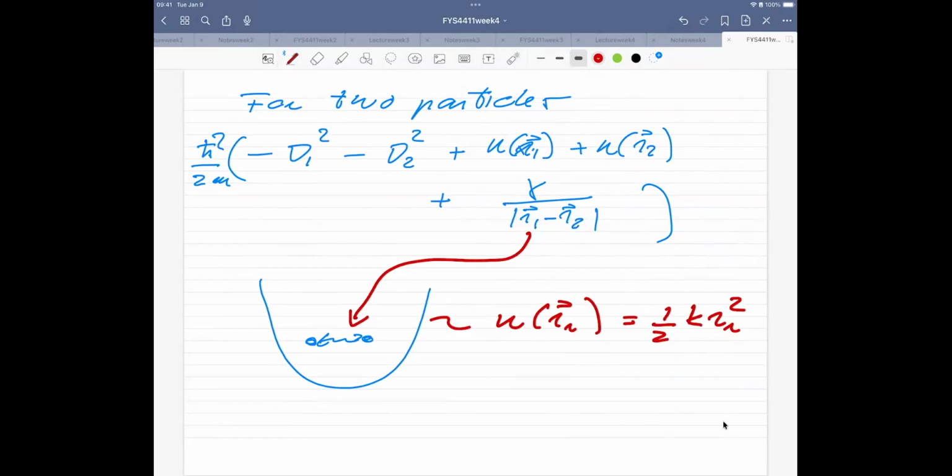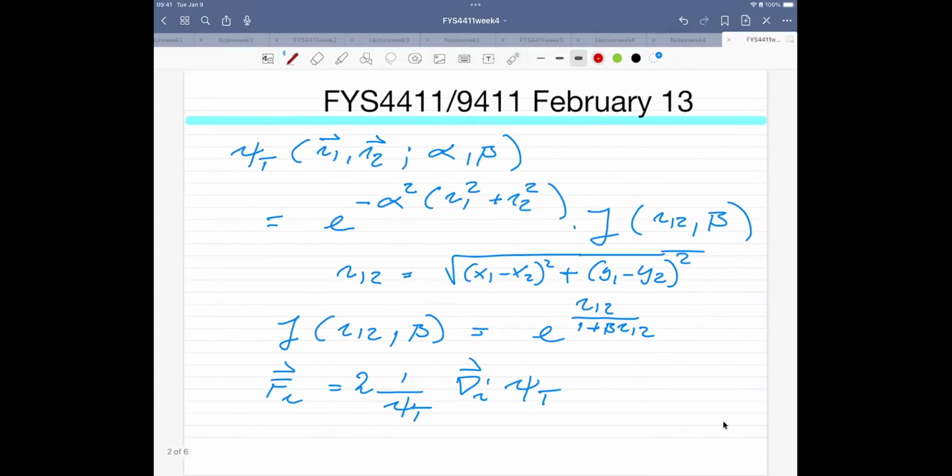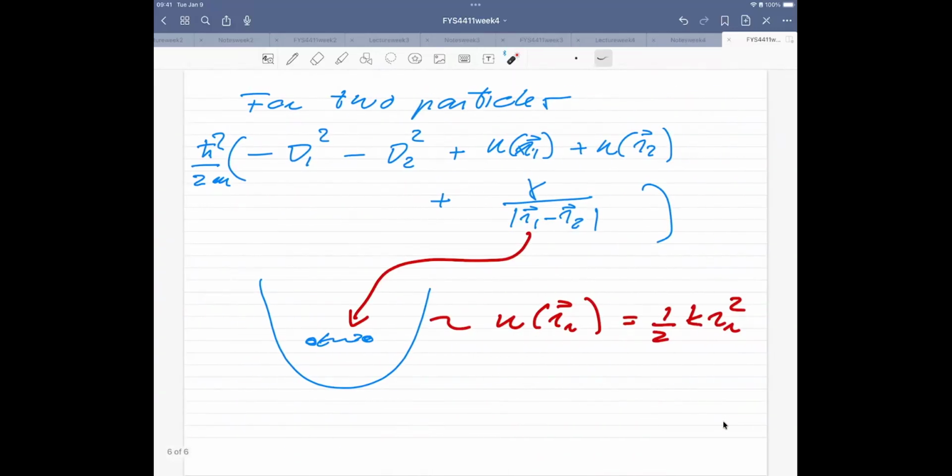That is the standard harmonic oscillator potential. Now, that equation which you saw in the beginning, this ansatz which we made, I'm not going to go through all the details, but the ansatz you see here with this term e to the r12, where r12 is the interparticle distance, comes from us rewriting this in terms of the central mass motion and the relative coordinate.